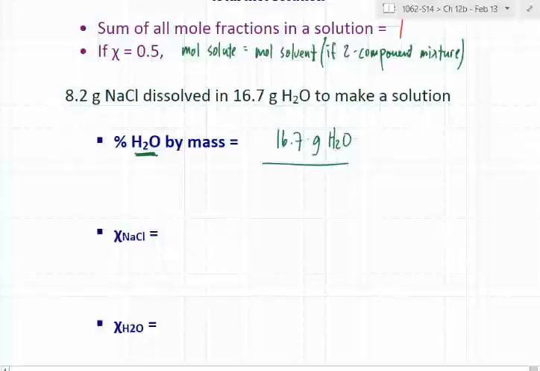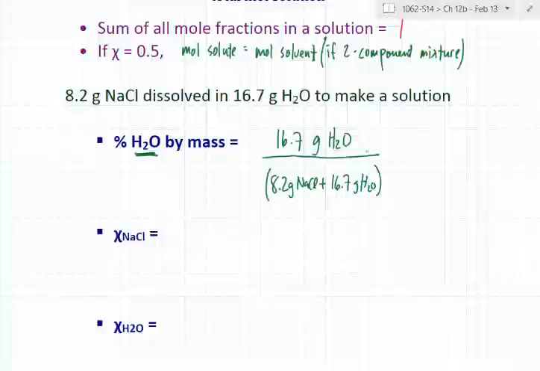Okay? But what needs to be on the bottom of a fraction when it's a percent or parts by mass? The total solution, right? So 8.2 plus 16.7. So just dividing those two would give you a fraction out of 1, essentially.